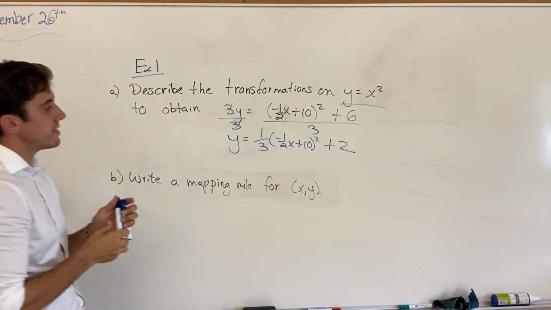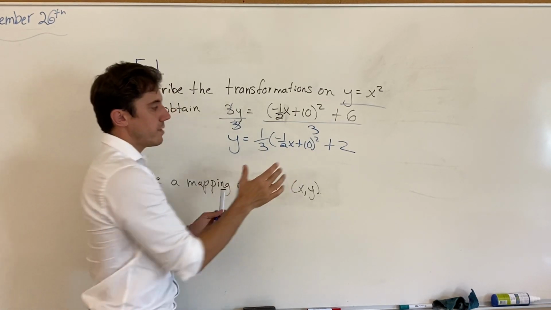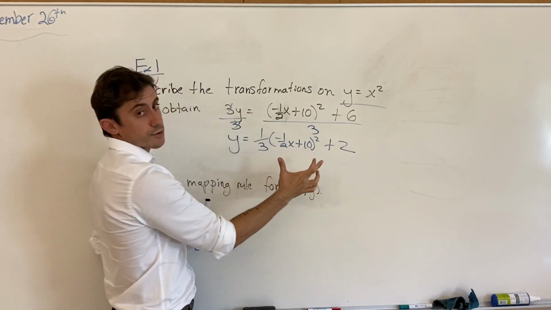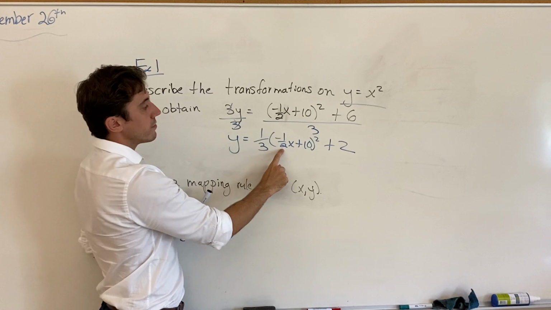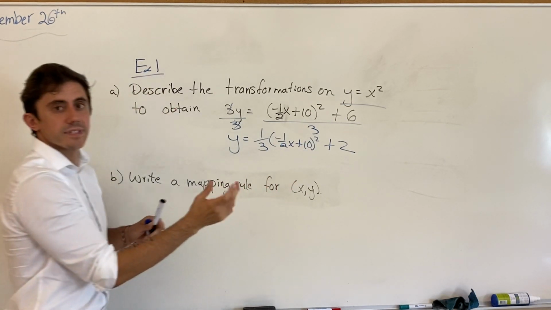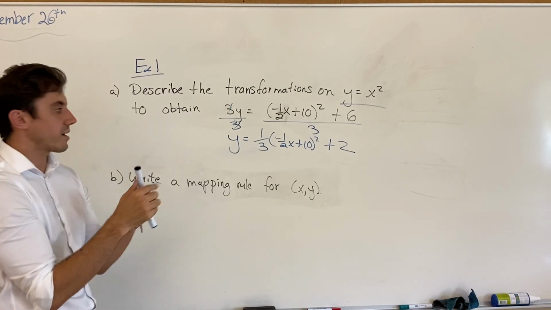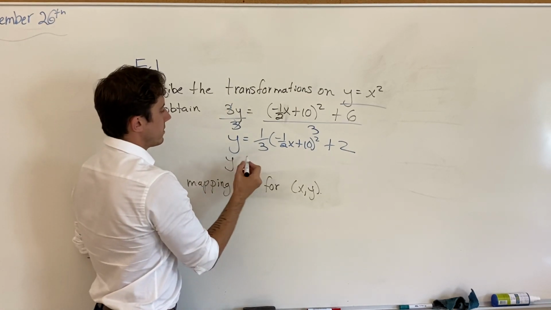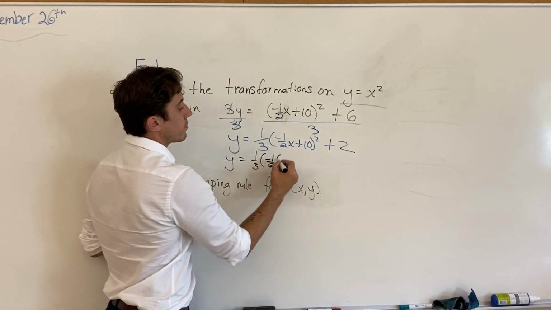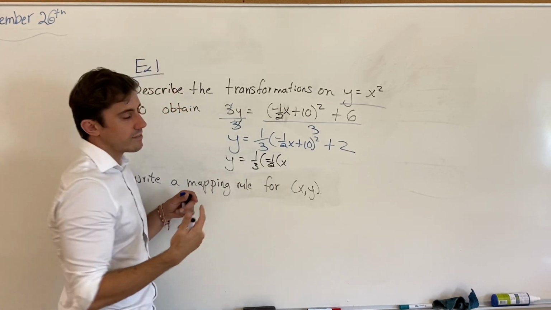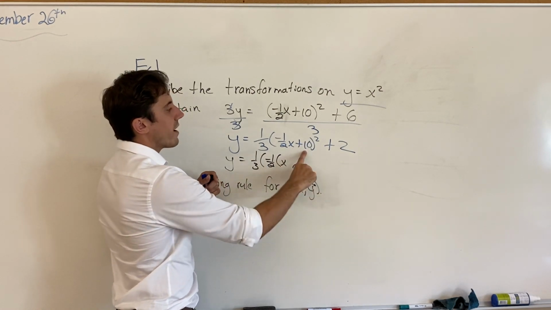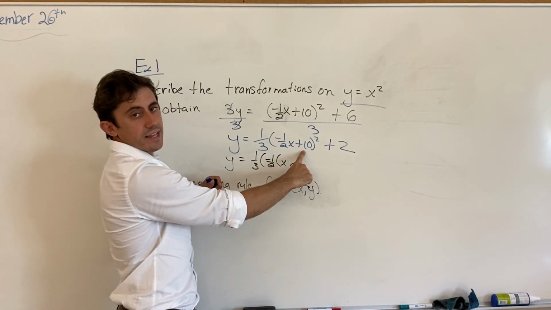And now we're not quite done yet because we don't have this in the form b bracket x minus c bracket all squared, right? So we need to factor out this negative 1 half in front of the x to capture both terms inside of that bracket. So let's go ahead and do that. y is equal to 1/3 times negative 1 half bracket x. And now we have to think to ourselves, negative 1 half times what would give us back our original plus 10?